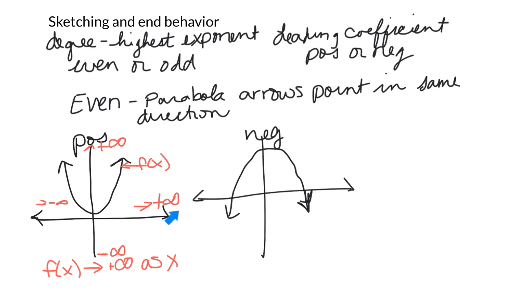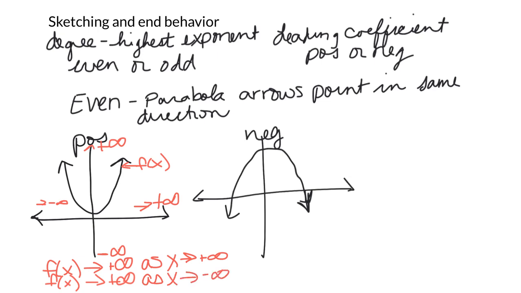So on the positive side of the graph, the function is positive. Then we say f of x also goes to positive infinity over here, still going to positives as the x's go negative. As the negatives continue this way, the graph is going to continue to go up. So we say f of x goes to positive infinity as x goes to negative infinity.